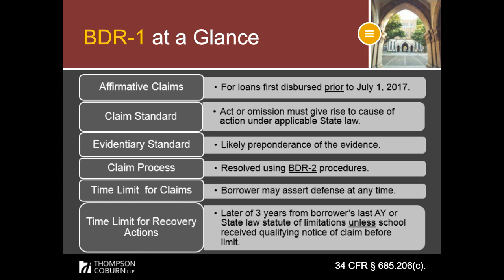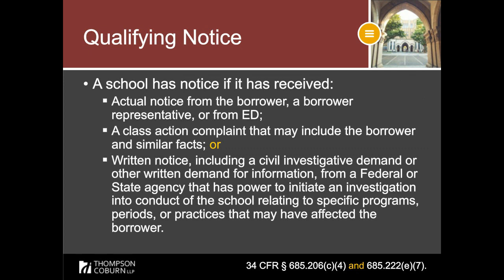Now, what about this carve-out for qualifying notice? A school has notice if it's received actual notice from the borrower or a borrower representative or the department. So even if the borrower hadn't filed a claim yet, if they've literally given notice to the school that they've got an issue, then the department's saying the statute of limitations hasn't run yet.